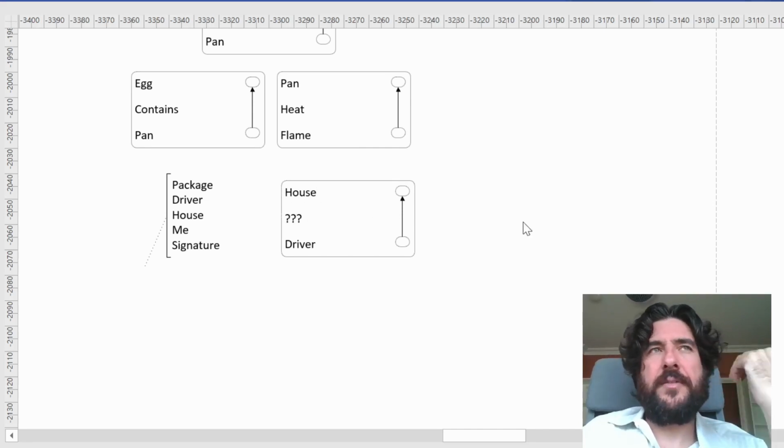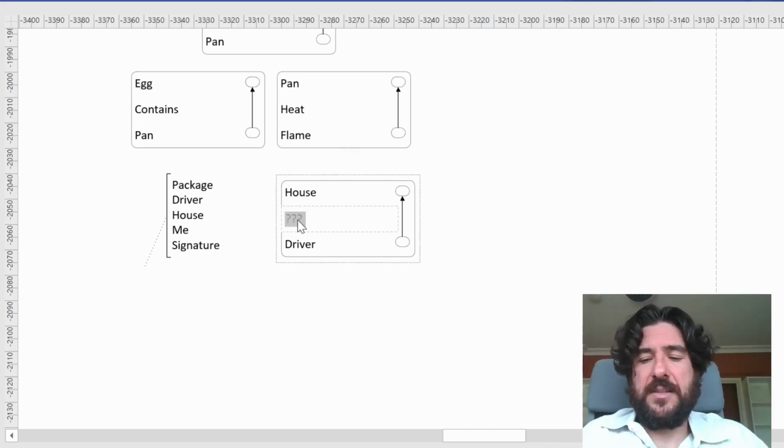So what does the driver do to the house? What's the modification here? I think quite simply you could say the driver in the first instance maybe presents. Maybe the driver presents at my house. The driver arrives.